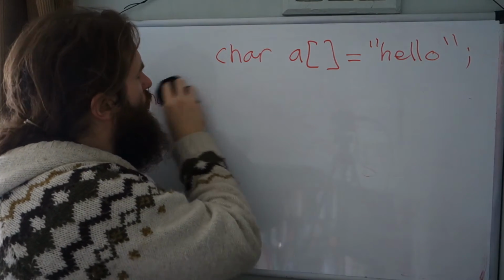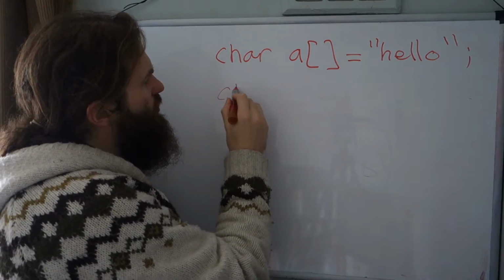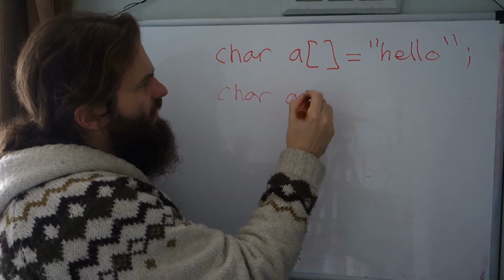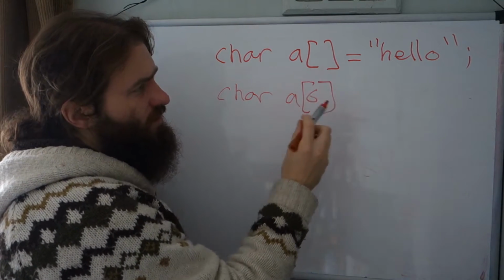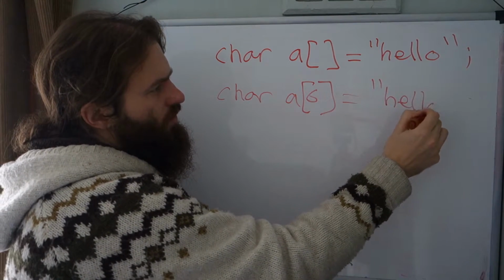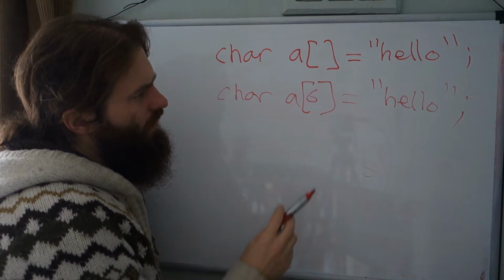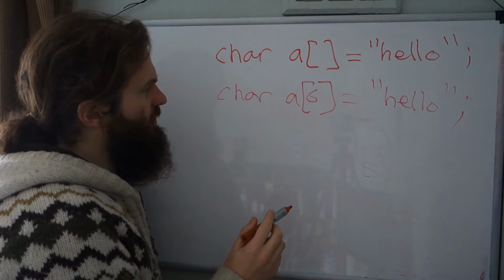Now, what we can also do is char a 6 and explicitly provide the size, and then write hello, and that will do exactly the same thing. It will put a null terminating byte at the end.